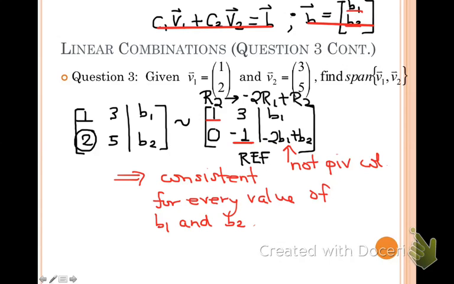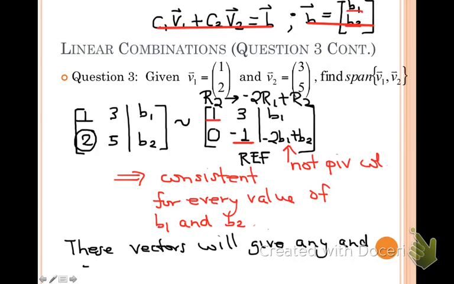In other words, the values b1 and b2 that we see up here can be any value. So what does that mean? It means that these two vectors in linear combination will give us any vector, and we can even say every vector, in R2.